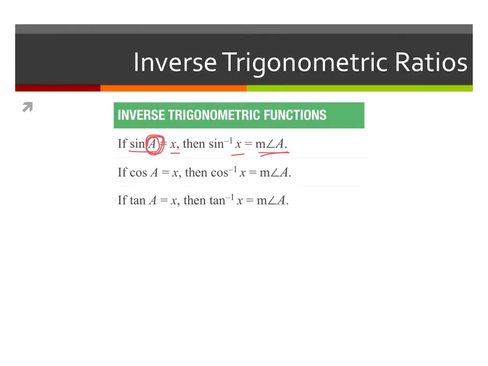You can either look at that, or you can also think about it like this. If you know sine of angle A equals x, we can take the inverse sine of both sides, just like you would take sine of both sides, or just like you would multiply 2 on both sides.